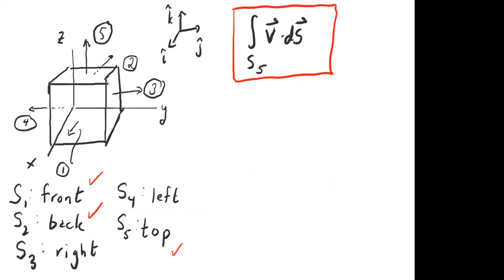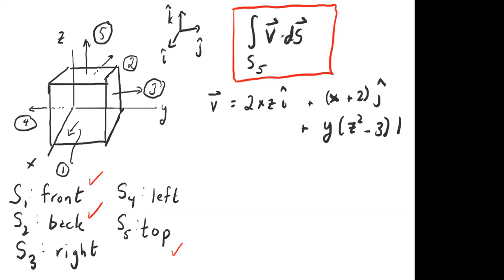Okay, so again, I don't have any problems with reminding the audience what V is. It's a vector 2xz i hat plus x plus 2 j hat plus y z squared minus 3 k hat.